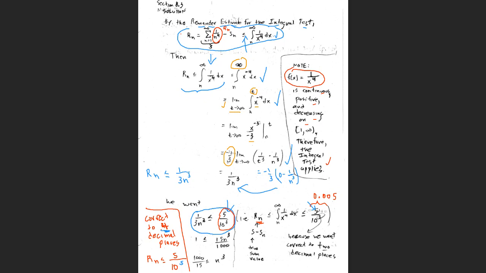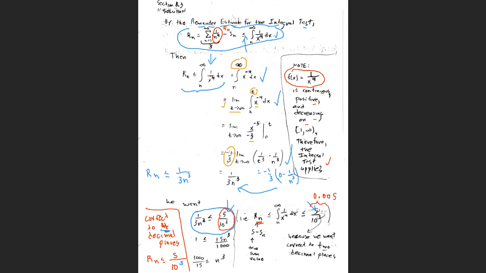So that's why you have a 5 there. Okay, thank you. Good question. So correct to 4 decimal places, you would want 5 over 10 to the 5th power. So 5 is always going to be in the numerator, and the denominator will be 10 to the appropriate power.